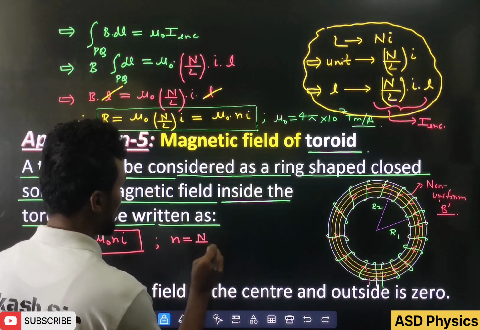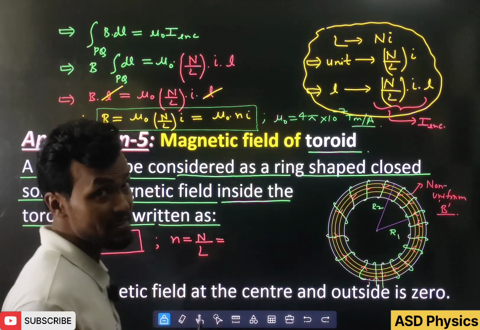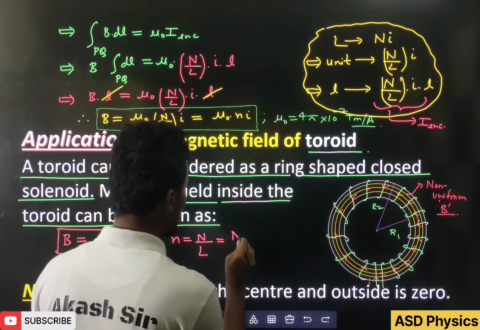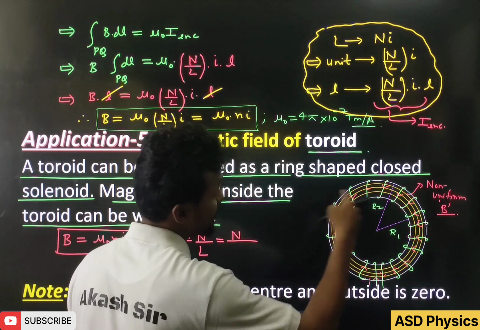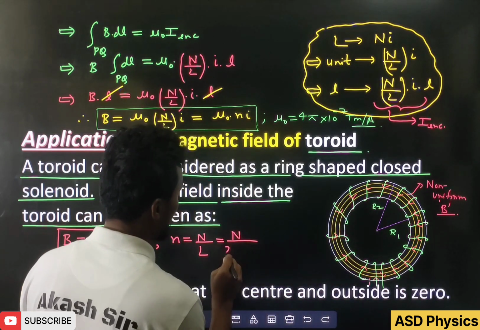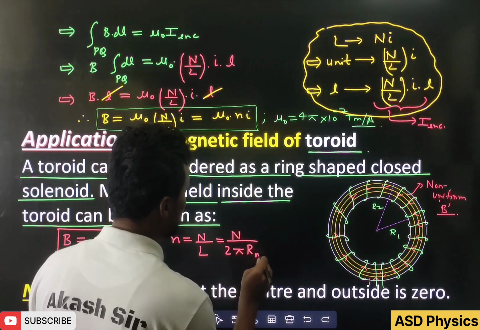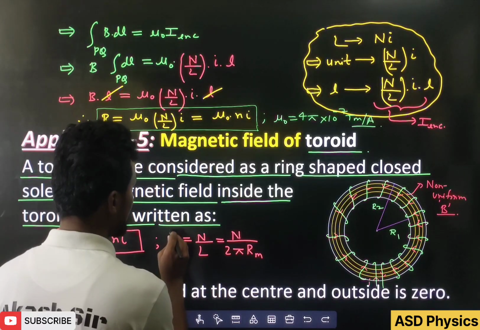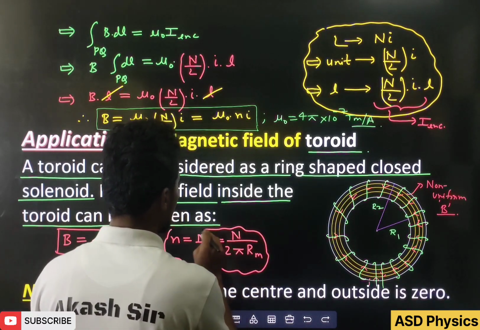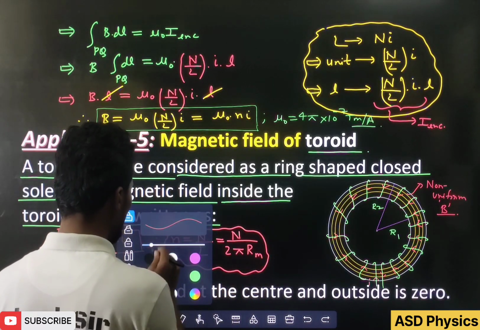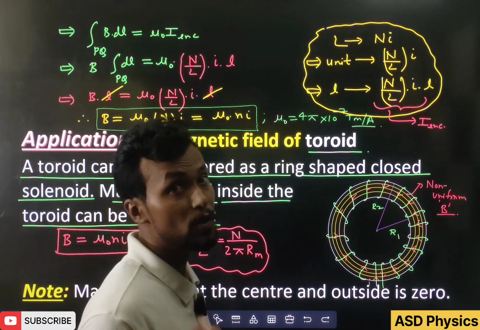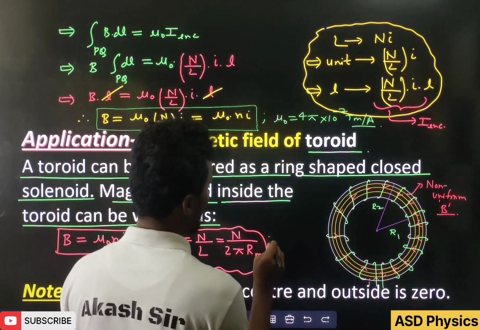N is the number of turns per unit length. But here length is not there. So instead of length, the circumference is there. And the length of that circumference is given here 2 pi r. And here I have written Rm. Why have I written Rm? Because Rm will be the mean radius. What is the Rm?